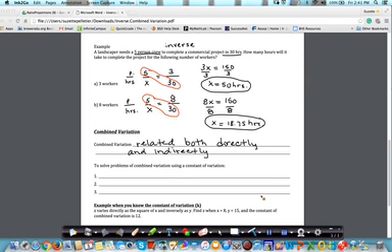So I want you to think about how we're going to solve these combined variation problems. They're very similar to how we were solving the joint variation problems. So we're going to write the equation using our keywords. Okay, write the equation using keywords.